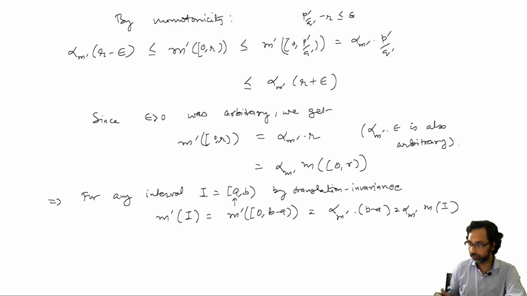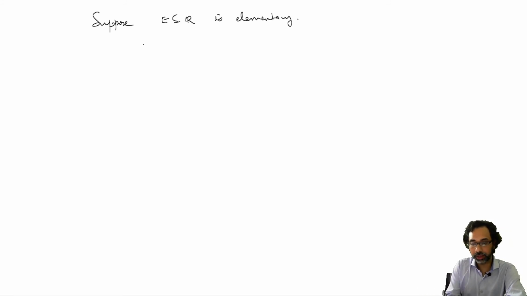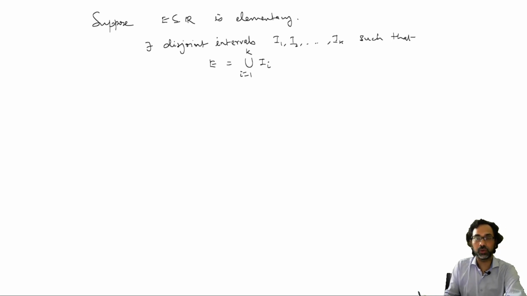So suppose that E is elementary. Then remember that in the previous lecture we proved that there exist disjoint intervals I1, I2, up to Ik, such that E is a union of these, I equal to 1 to k.